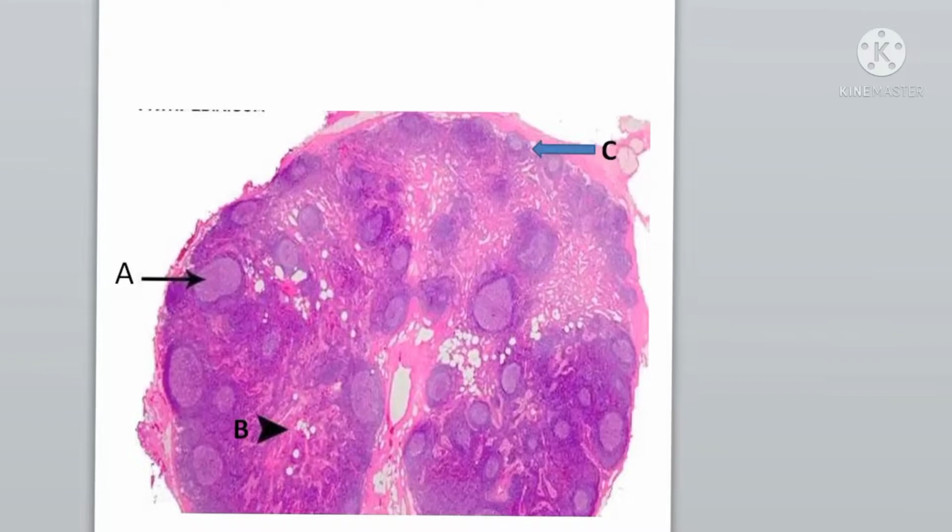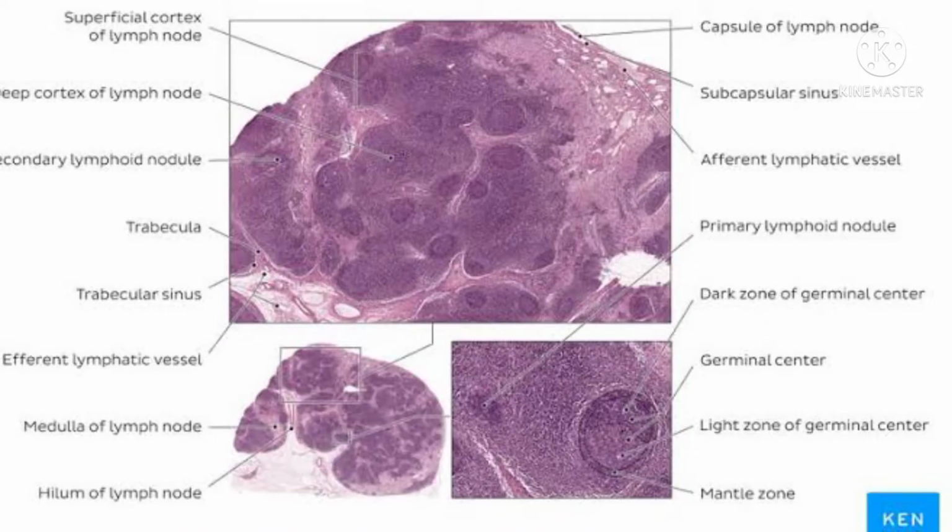And in between the cortex and medulla is a paracortex. The cortex has lymphoid follicles. The capsule is made of connective tissue which divides the lymphoid follicles and continues as trabeculae up to the medulla. The lymphoid follicles are of two types, primary and secondary.